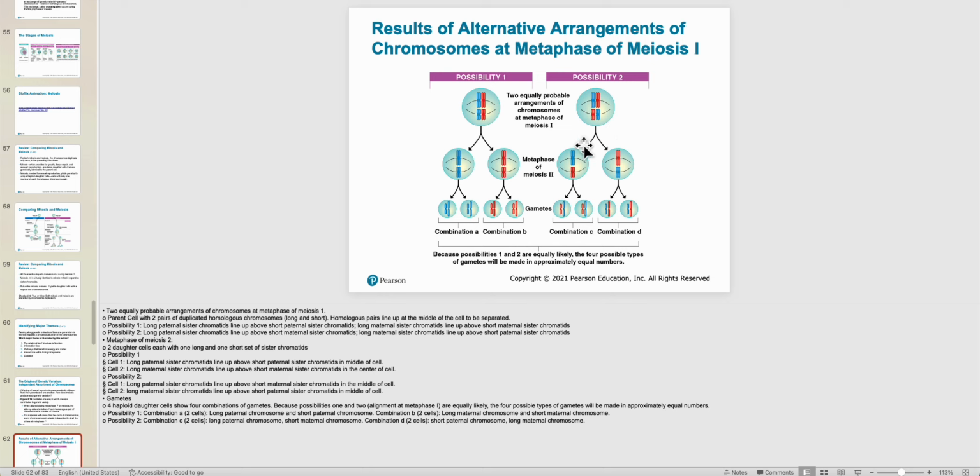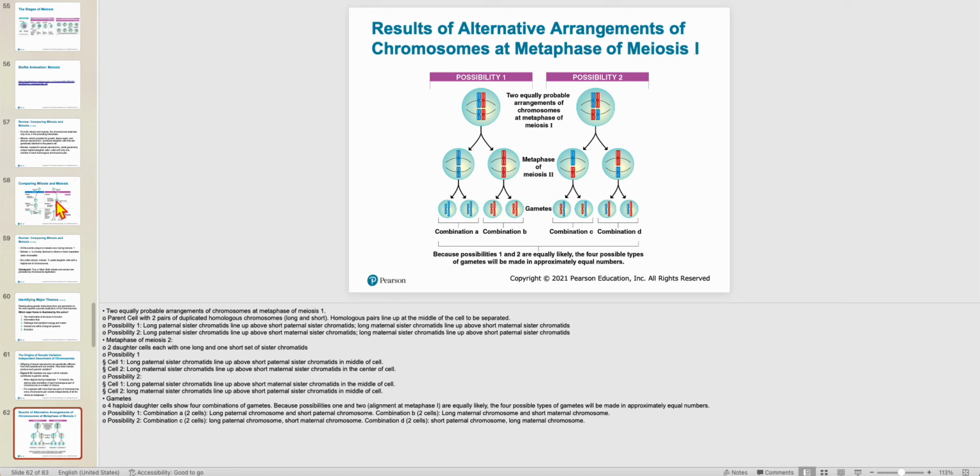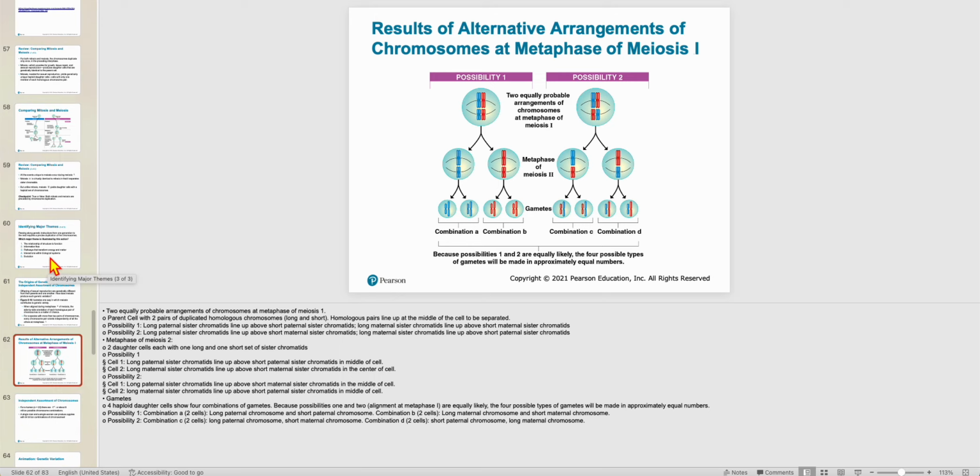And when these independent assortments happen, the way they line up in alternative ways, you get more possible combinations. You don't just get blues and the red separately. You get a red and a blue, a red and a blue, a blue and a red, a blue and a red. So you get more possible combinations. And that is why meiosis gives you genetic diversity, because of independent assortment.